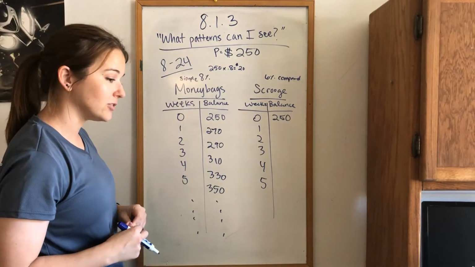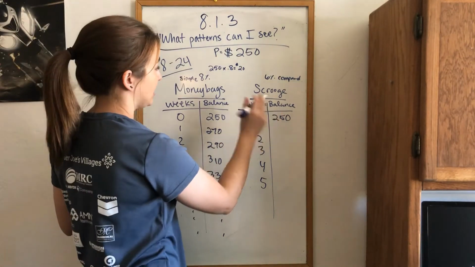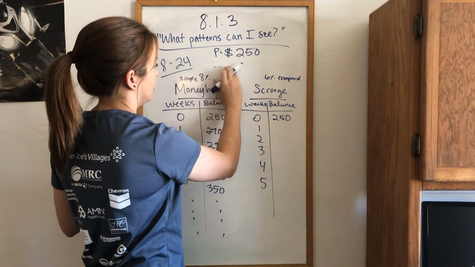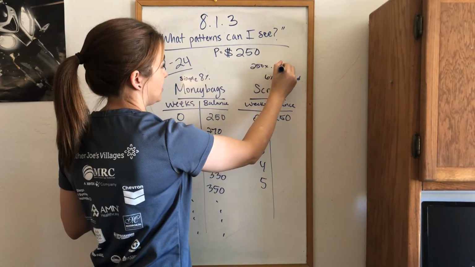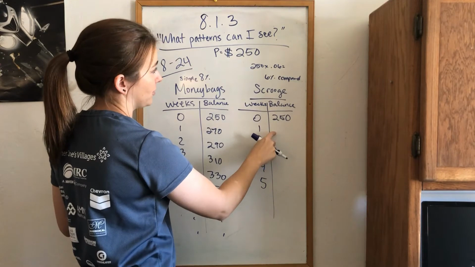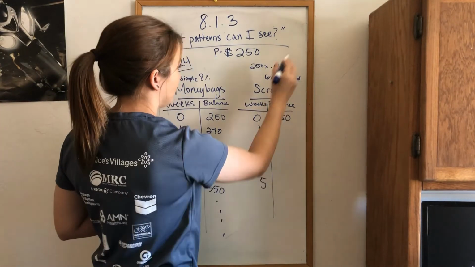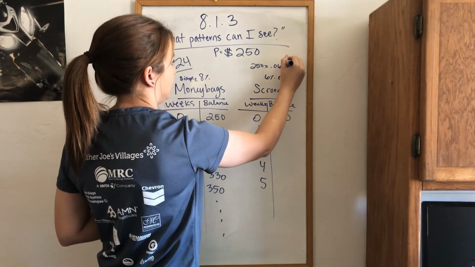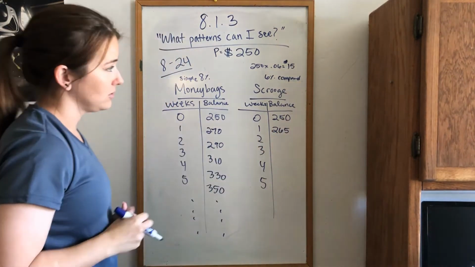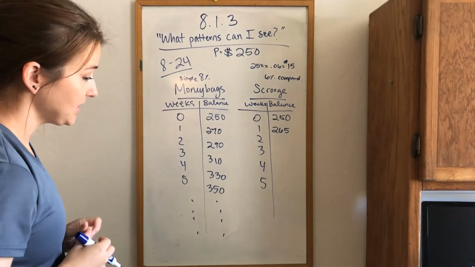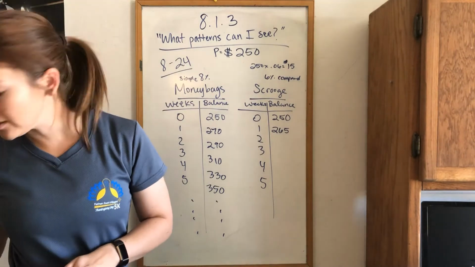The compound is going to be a little different. I'm going to erase this. 250 times 0.06 gives the first value, which is $15, so it's $265. Now is where it's different, how we do the pattern.